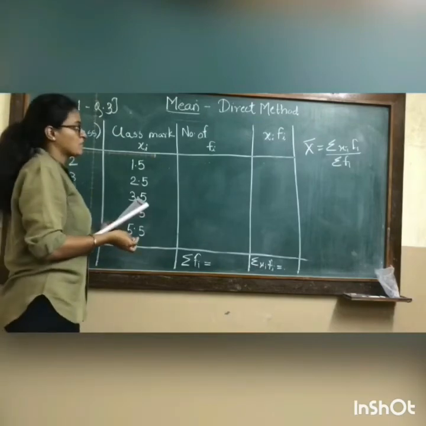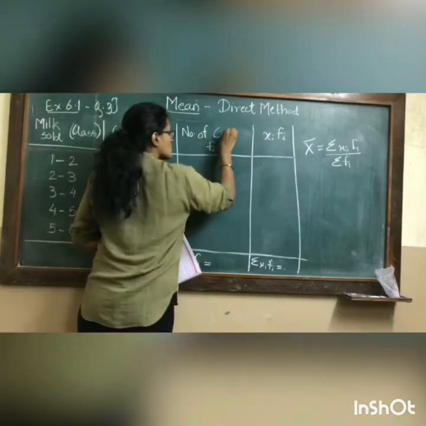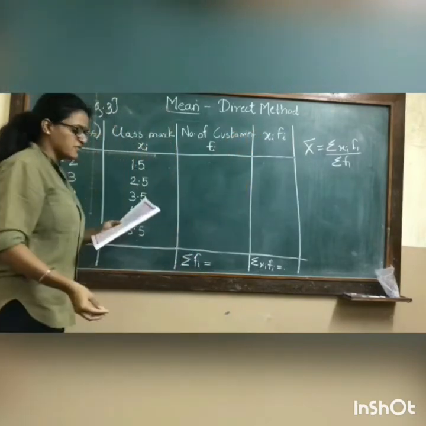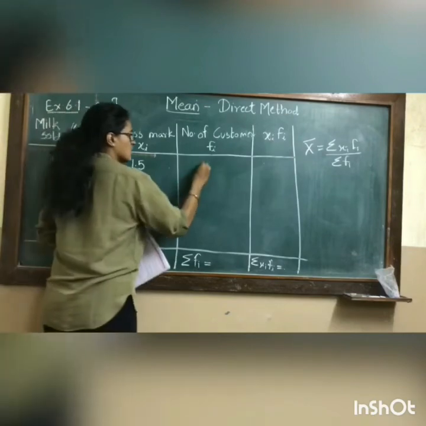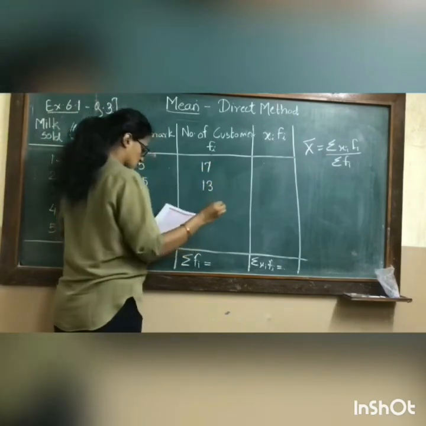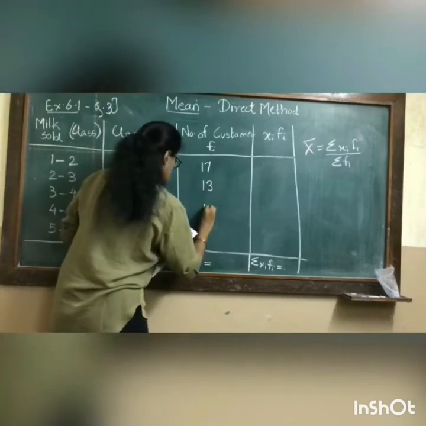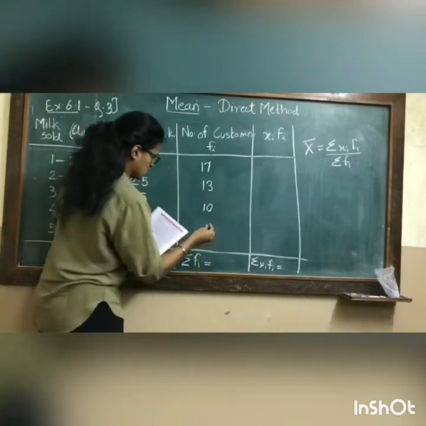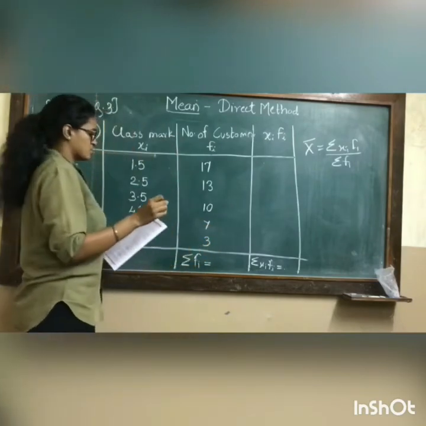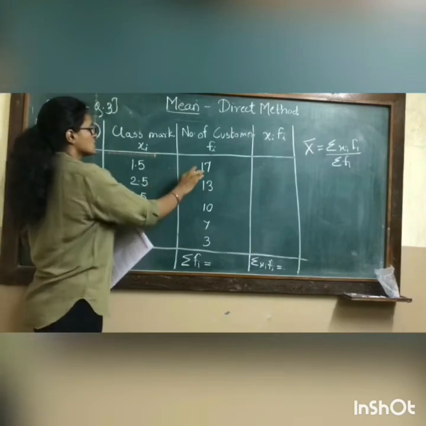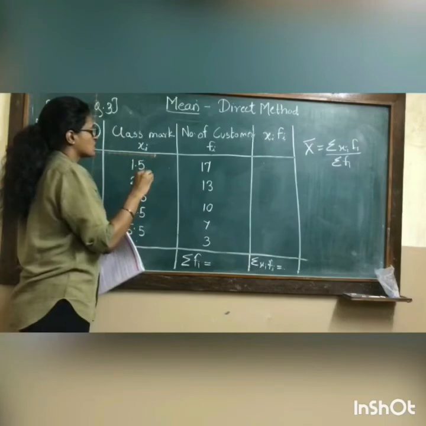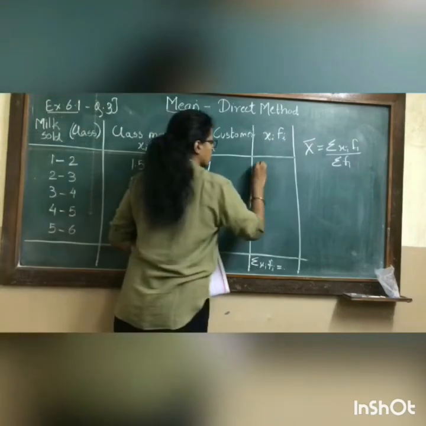Next we have is number of customers, which is the frequency Fi. And that is 17, 13, 10, 7 and 3. Let's multiply 17 into 1.5, that is 25.5.